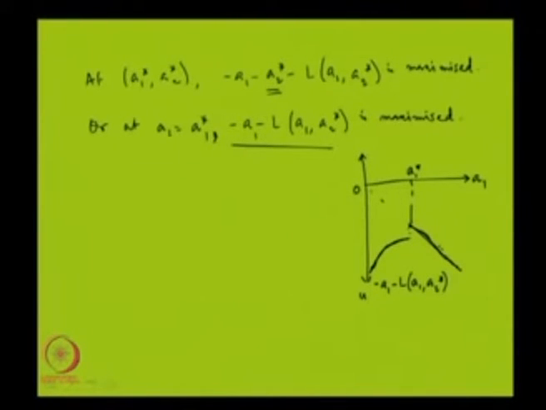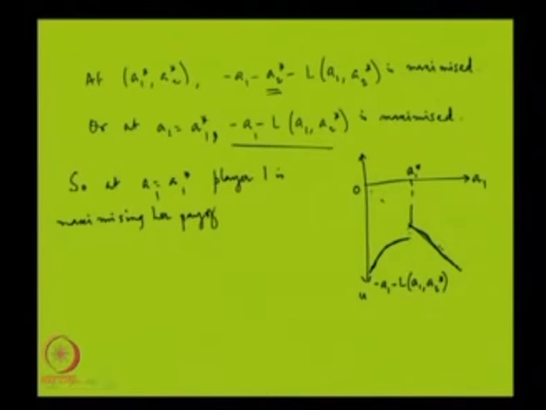Okay. Now we have got the complete picture that only at A1 is equal to A1 star the payoff function of player 1 is maximized, given A2 is equal to A2 star.